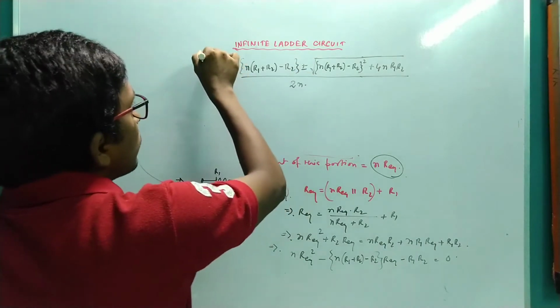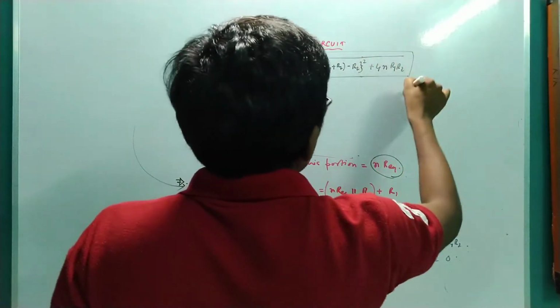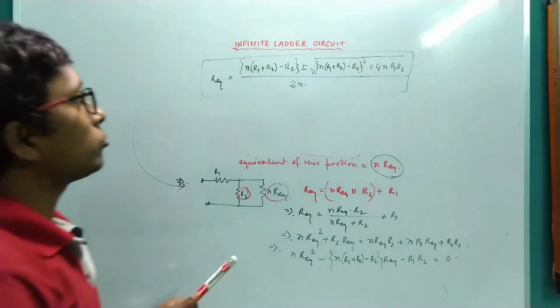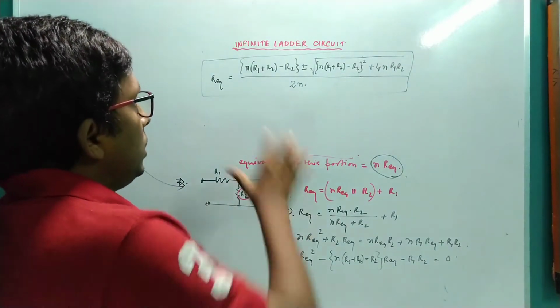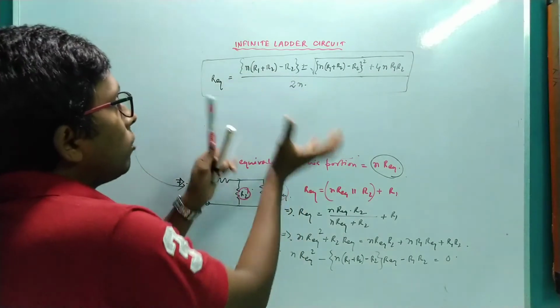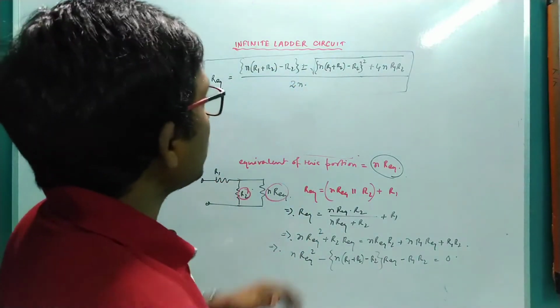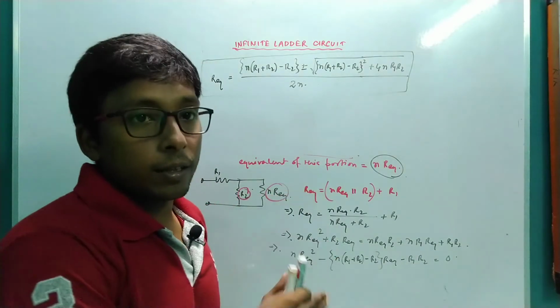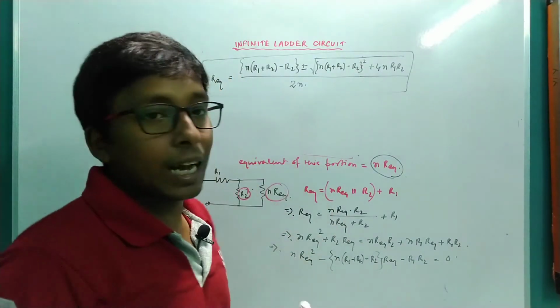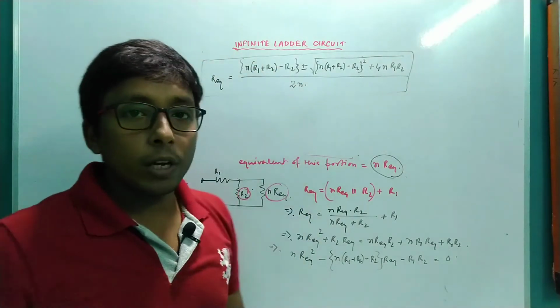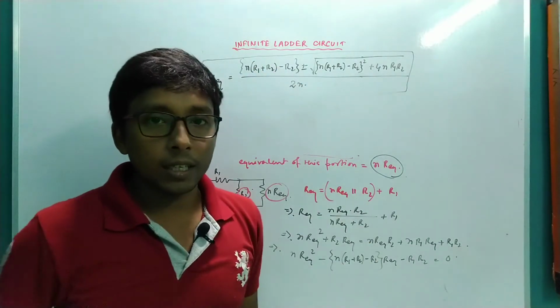This is your R equivalent. You can see that there are two solutions. If you put the actual values of N, R1 and R2, you will get one positive and one negative, and equivalent resistance can't be negative. So this is the most general case to calculate the equivalent resistance of an infinite ladder circuit.